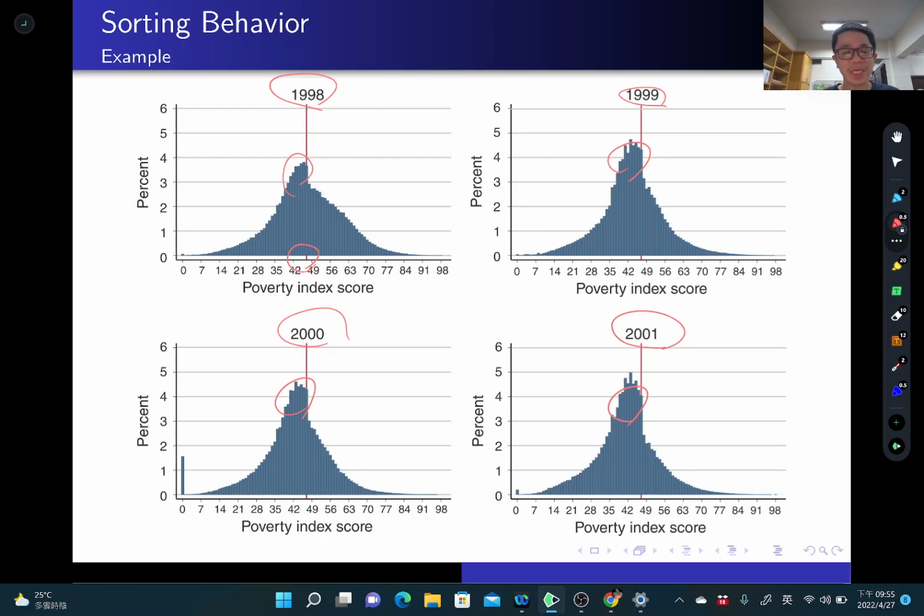And these people may have very different characteristics compared to the people right above the cutoff. For example, they might be lazy, or they just want to stay at home. They don't want to go earn money, which is why they have a very strong incentive to receive the cash transfer. So the two groups of people around the cutoff are no longer comparable, and you cannot use the RD design to examine the causal effect.